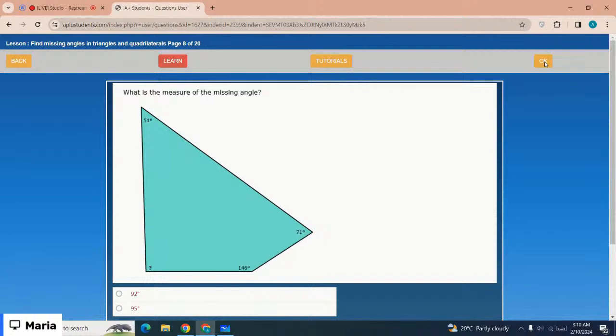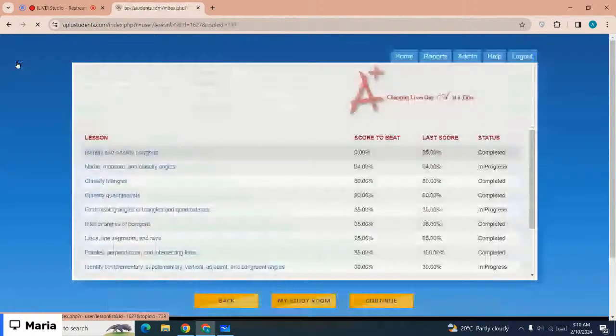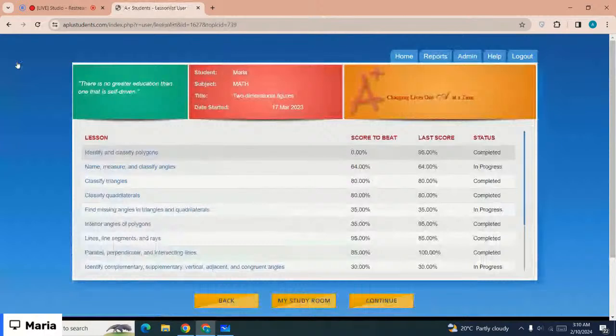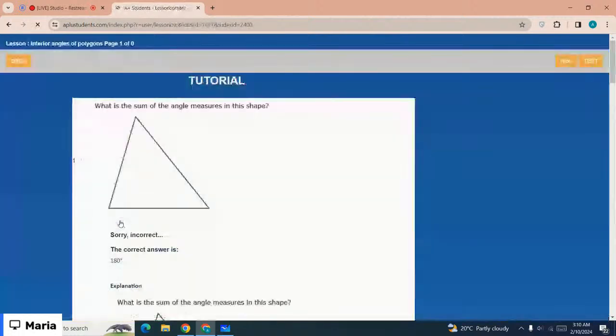Okay, you can complete the lesson by yourself later today. Let me just move on to the next lesson. Interior angles of polygons. Let's just start with the lesson. What is the sum of the angle measures in this shape?